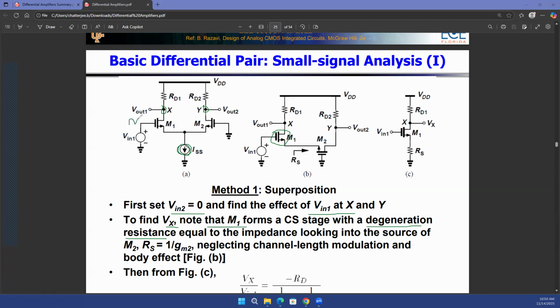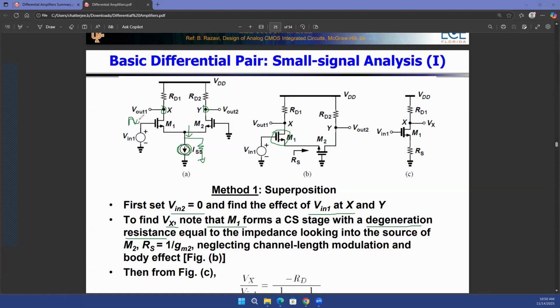AC is only applied at the input side. So this DC current source has an infinite resistance. Any current source has an infinite resistance, because ideally any current source should have a parallel resistance, and if this current source is ideal, that parallel resistance is infinity. That means looking down at this current source, you'll always see infinite resistance.